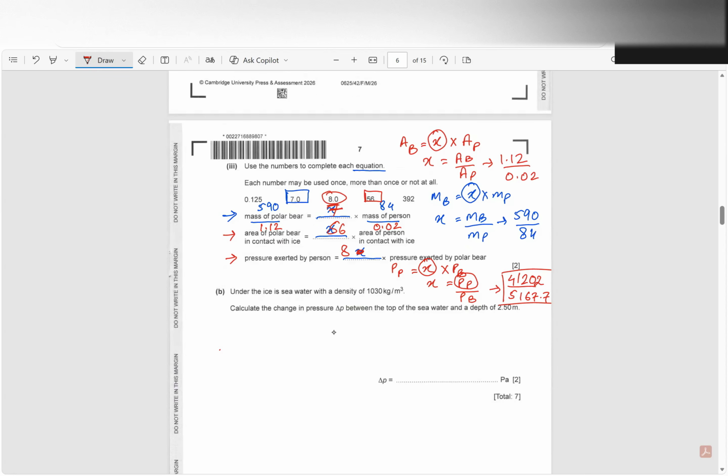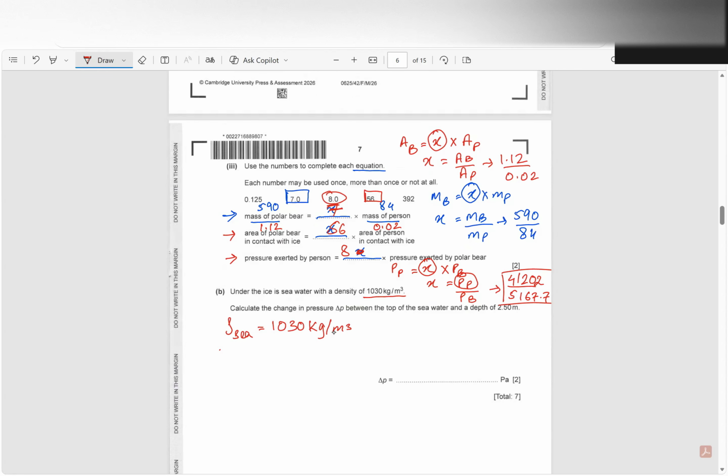Moving on to the next part. It says under the ice is seawater with a density of 1030 kg per meter cube. So we've been given the density of sea, which is 1030 kg per meter cube.